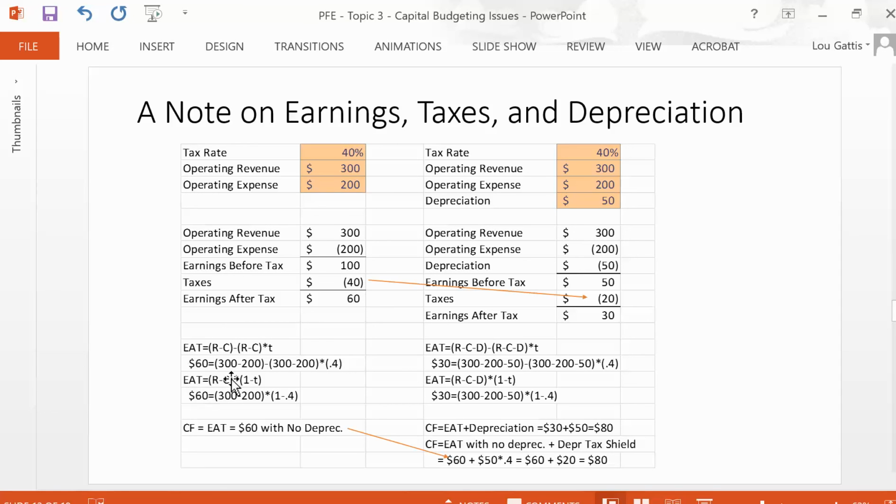But I can rewrite that as just the revenue minus cost, and I just get to keep 60% of it, 1 minus the tax rate, right? The tax rate's 40%. So I could just say 300 minus 200 times 60%, 1 minus the tax rate, is the after-tax income. So it's just another way of writing the formula.